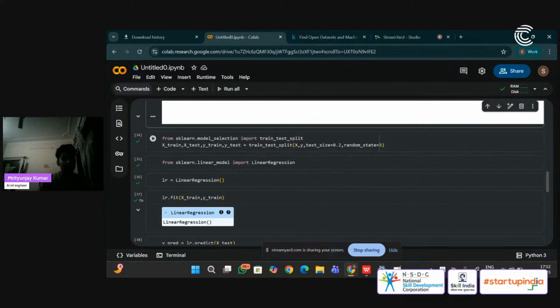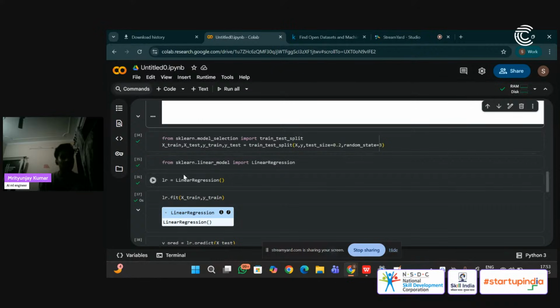These are the variables: x train, y train, x test and y test. X test and y test are for testing purposes, which means while training we only use x train and y train. In supervised learning, we provide both the input data as well as the output data.